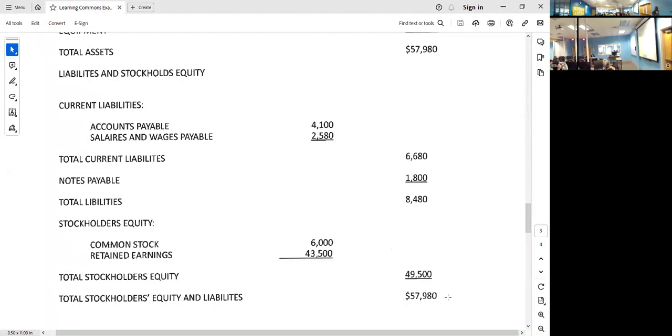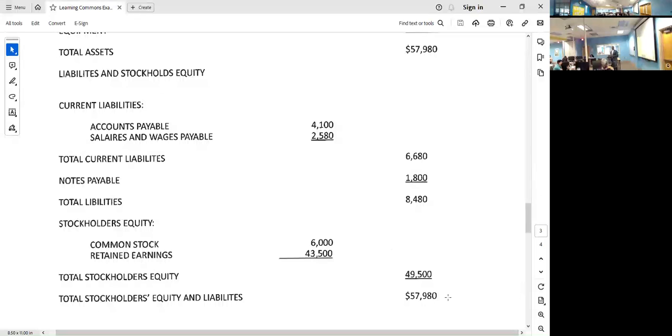Now, on your exam, you're going to have some transactions, and you're going to have to record them in the general journal. These transactions, the debits and credits, we record in the general journal. Once you record them, what do we do next?